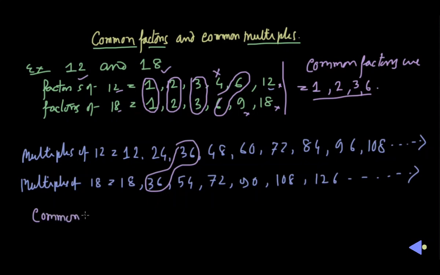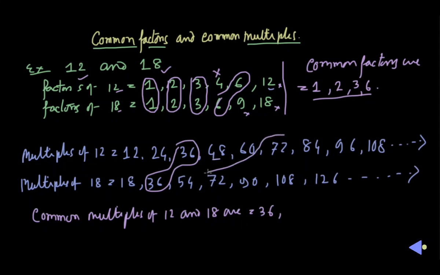So the common multiples of 12 and 18 are: the first one is the lowest, that means the minimum common multiple, 36. For the second one, 48 is not common, so 72 is the second, and the third one is 108.